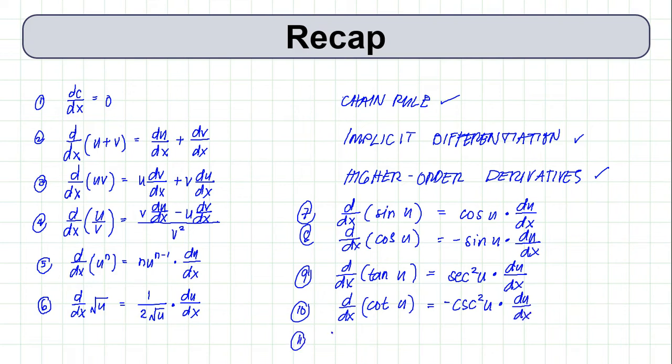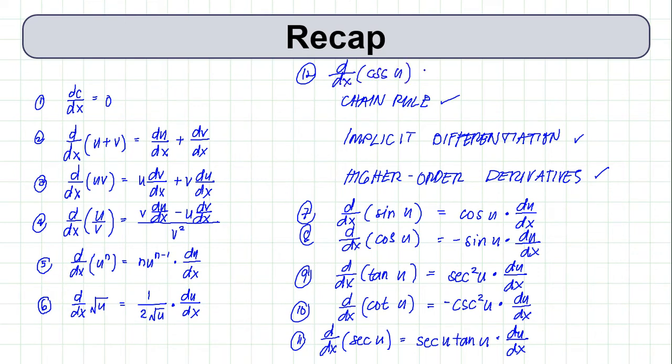Then 11, the derivative with respect to x of secant u equals secant u tangent u times du dx. Number 12, the derivative with respect to x of cosecant u is equal to negative cosecant u cotangent u, multiplied by du dx.